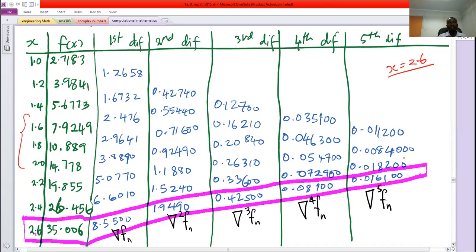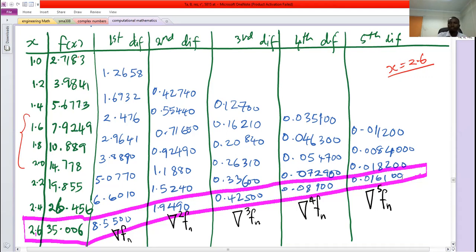So know that values at the beginning of the difference table are approximated by a formula involving Newton forward. Values which are at or near the bottom of the difference table are approximated by Newton backward formulas, and values at the middle of the difference table are approximated by Stirling or Bessel formulas.